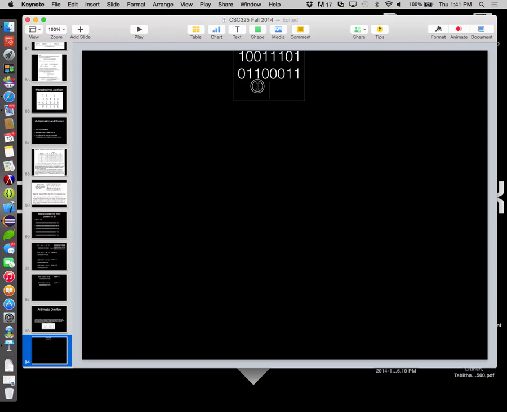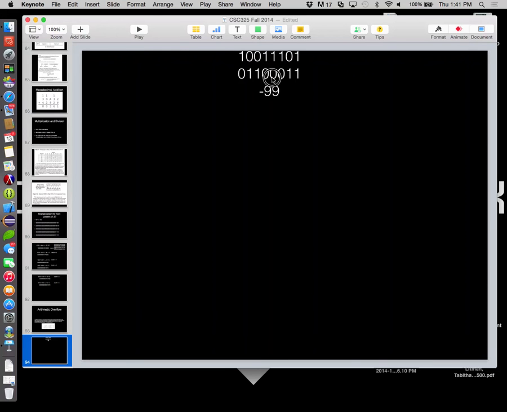What's this value? This is the 1's place, the 2's place, 4's, 8's, 16's, 32's, 64's. So this is 96, 98, 99. So this is negative 99. Make sense?